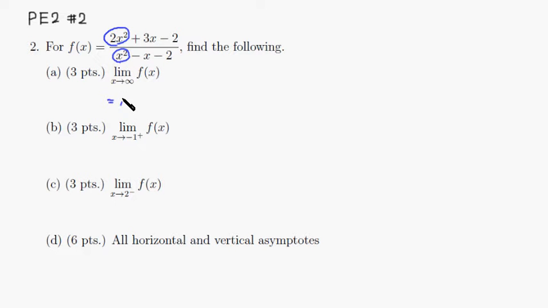So the leading term on top is 2x squared over the leading term on the bottom, x squared. Then you can cancel x squared on top and on the bottom. This gives the limit of a constant 2, which is the same constant, so it's 2.